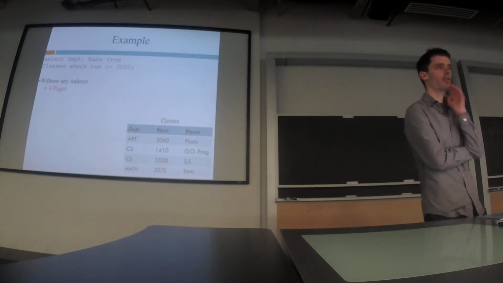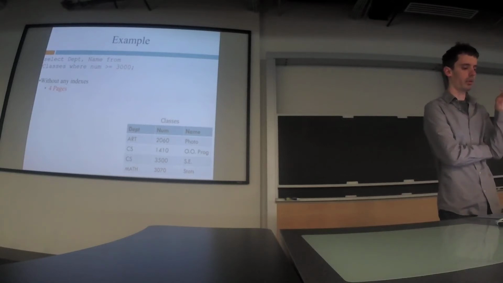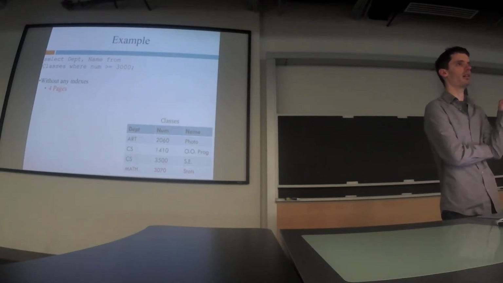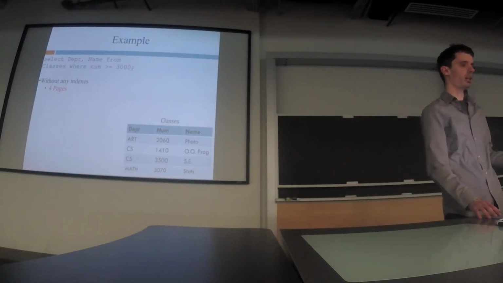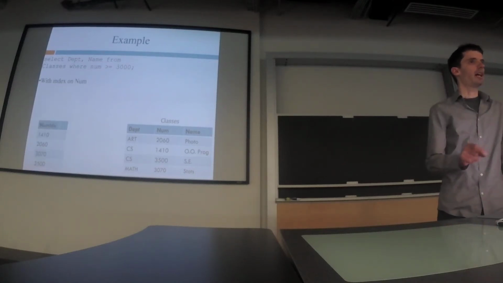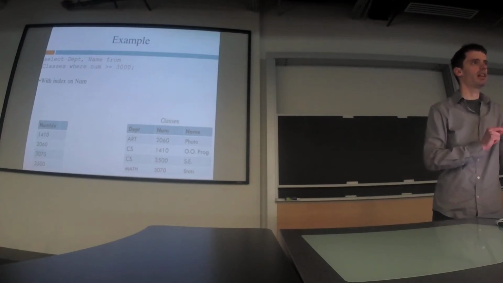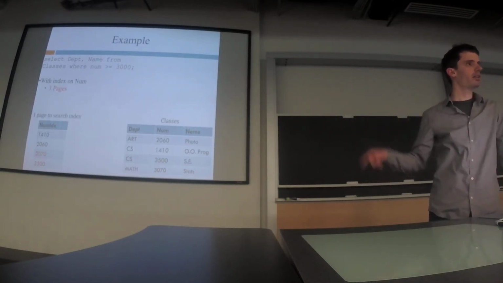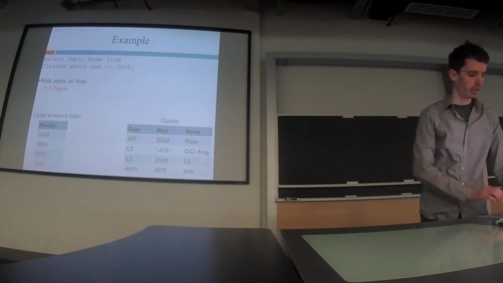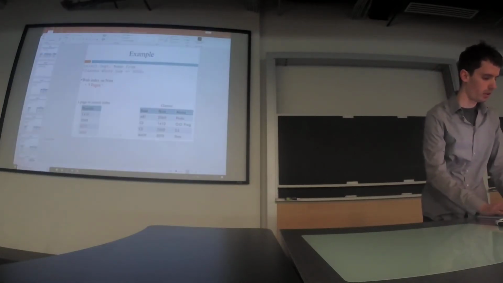So here's the original example we did where I was looking for classes with num greater than 3,000. And without any ordering, we had to access 4 pages. With an index, I now have an auxiliary index over here. And as I said in the problem, we can search the entire index table in only 1 page.